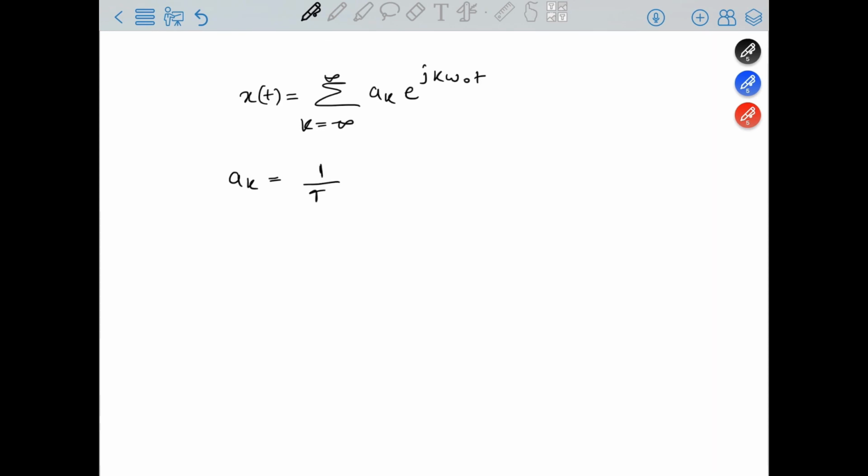To conclude this module, we learned the pair of equations defining the Fourier series for a continuous time signal. We write x(t) as the summation over k from minus infinity to infinity of a_k e^(jkω₀t), and the coefficient values can be deduced from 1 upon T times the integration over the period of x(t) e^(-jkω₀t) dt.